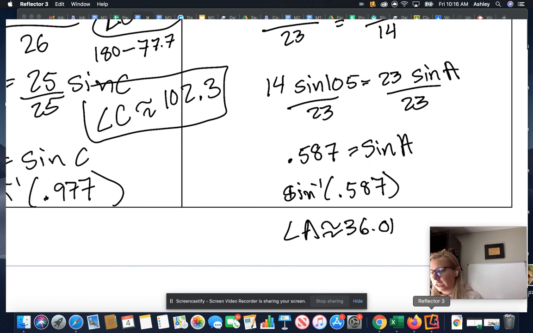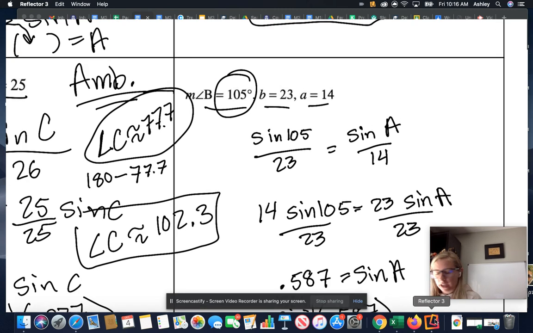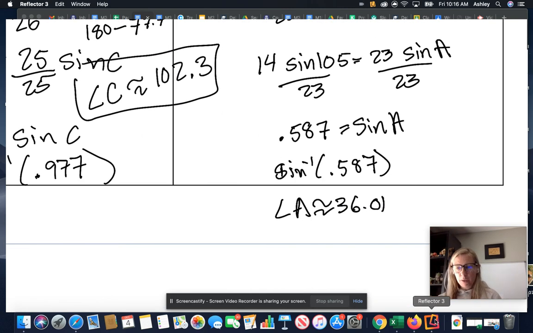If we go ahead and take our 180 and we subtract our angle of 105, right, we have 75 left over. Well, when you take 180 and you subtract 36, you'd have 144. That's not going to make my 180 rule work, right?